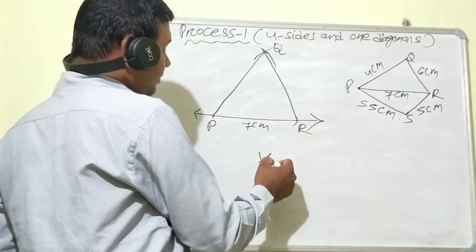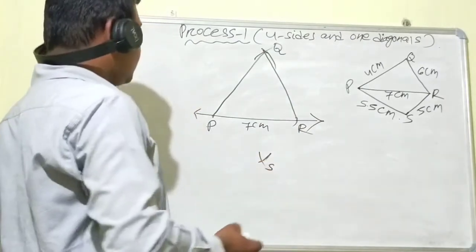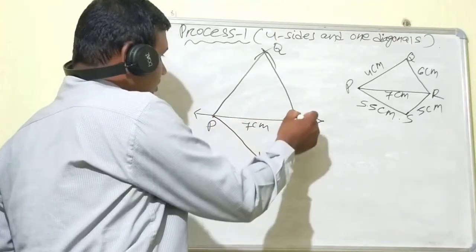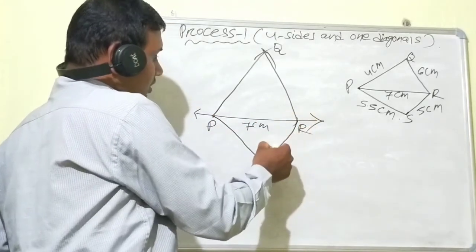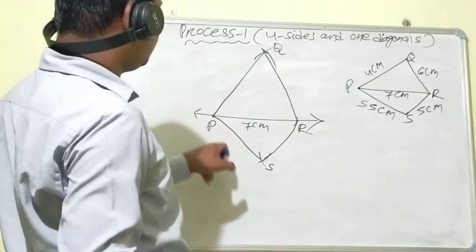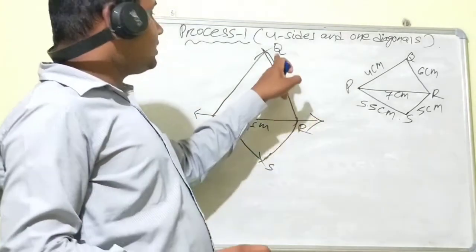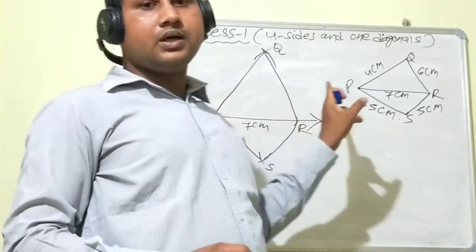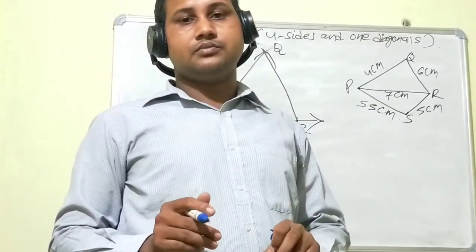They will intersect at a point S. Then we join P to S and R to S. Then this is the PQRS quadrilateral using four sides and one diagonal.